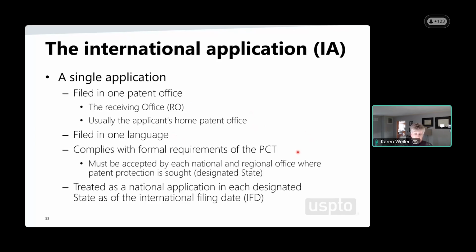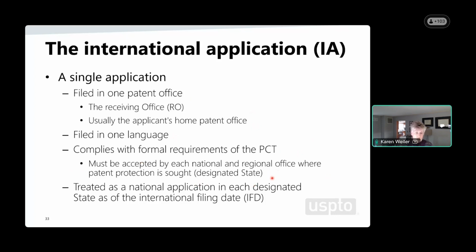This international application must comply with the format prescribed by the PCT, but in doing so, it is going to be accepted by each national and regional office where patent protection is sought. So we've referred to these regional offices, where one might pursue patent protection, as a designated state.